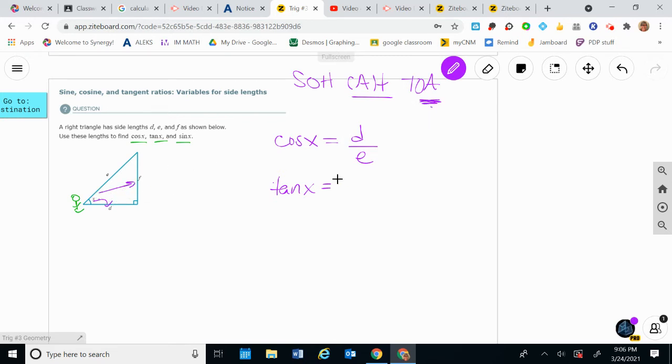Opposite is F, adjacent is D. And then sine X is opposite over hypotenuse. Opposite is F, hypotenuse is E. And that's it. You're just using letters.